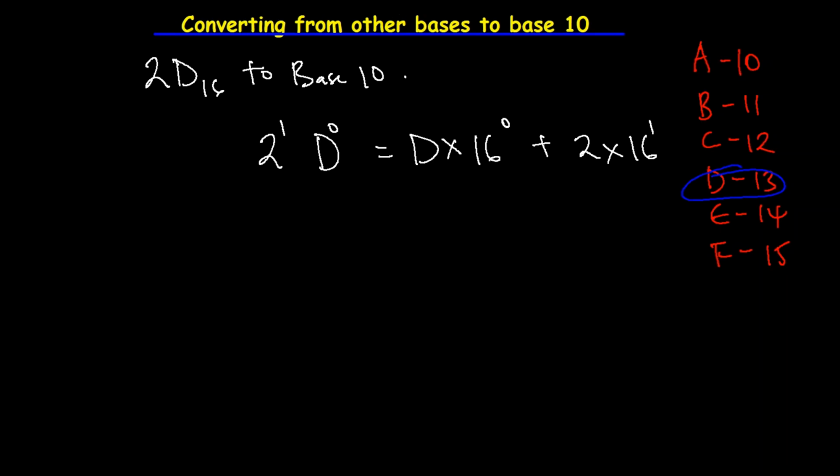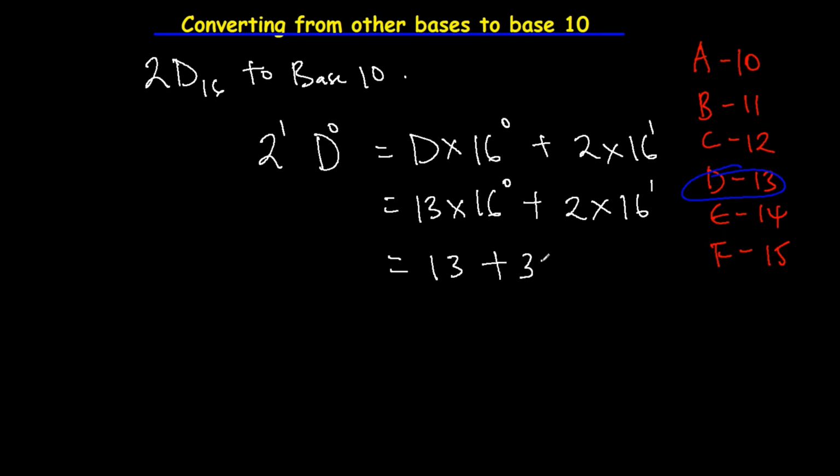So this will be equal to 13 times 16 raised to the power 0, plus 2 times 16 raised to the power 1. 16 raised to the power 0 is 1, so 13 times 1 is 13, plus 2 times 16 raised to the power 1. 2 times 16 is 32.